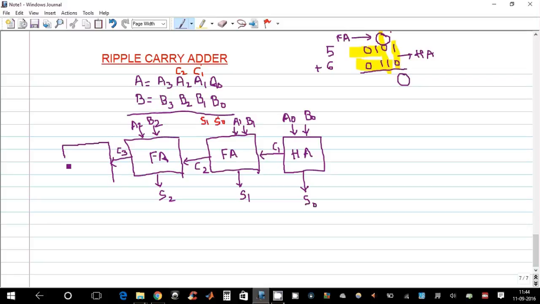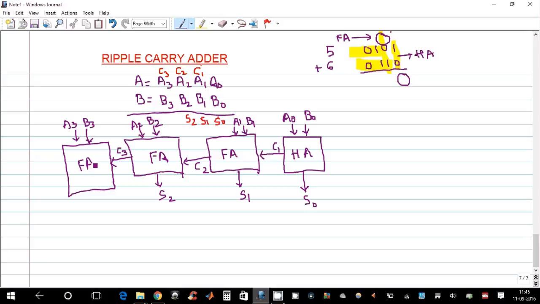Now we are left with two more inputs, A3 and B3. So we are giving the remaining bits here, A3, B3.